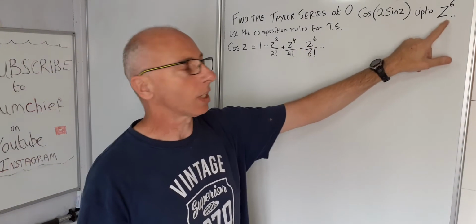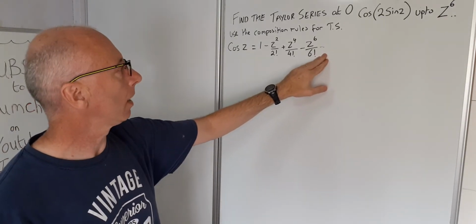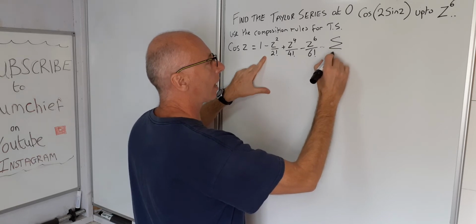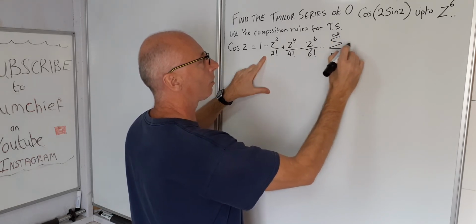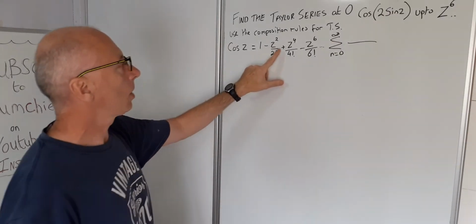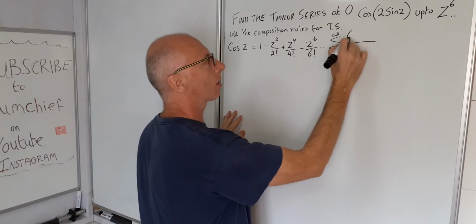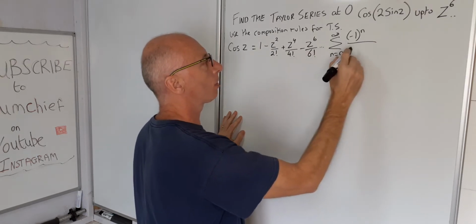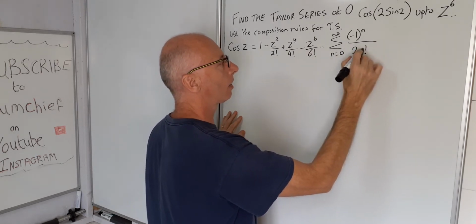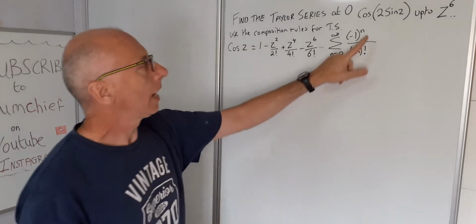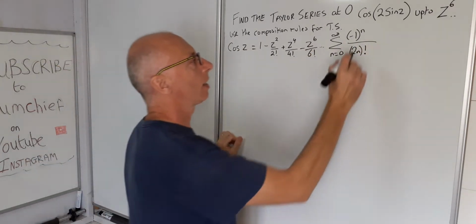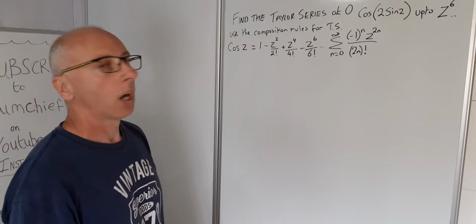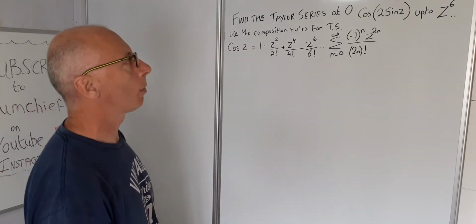We're only interested up to the 6th term, so I'm only going up to the 6th term here. And then the summation series for that is n equals 0 to infinity. Now we see that it's an alternating series, so it's minus 1 to the n. And the factorial is even terms, so it's 2n factorial. And the term here for the z is basically z to the 2n. Okay, that's basically what we know about cosine.